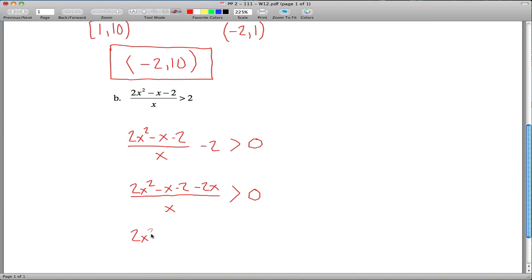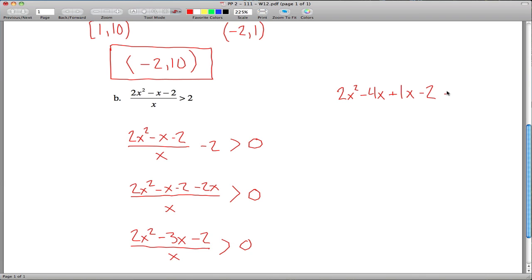And what we are left with is this mess right here, which we can solve if you could factor out the top. A little bit tricky. Let's see, we want two numbers that multiply to -4 and add to -3. So -4 and +1. So we got 2x squared, -4, and +1.